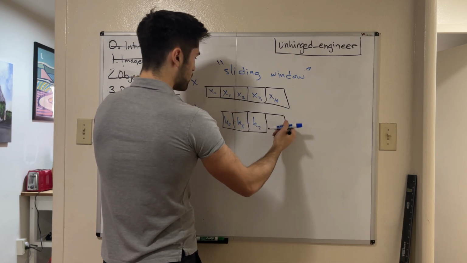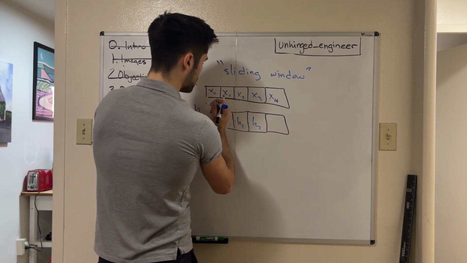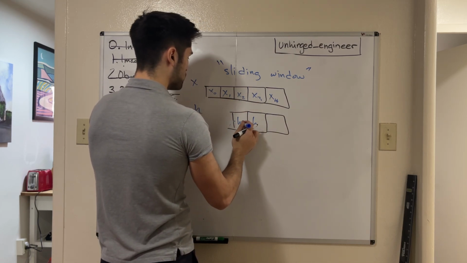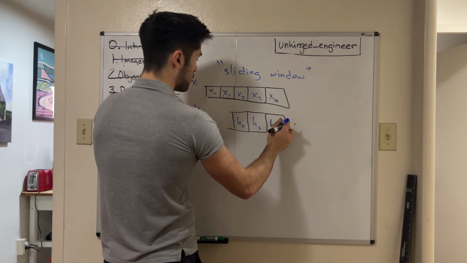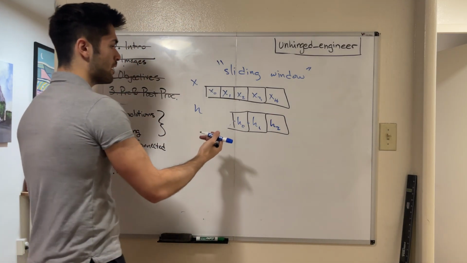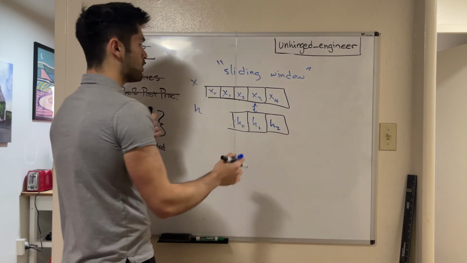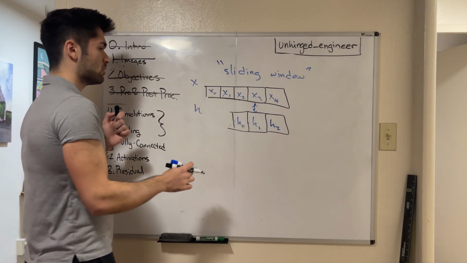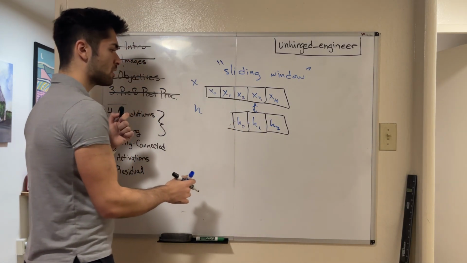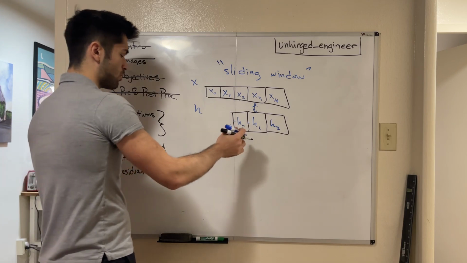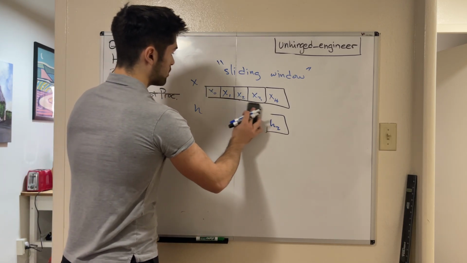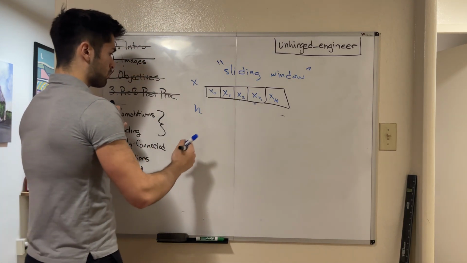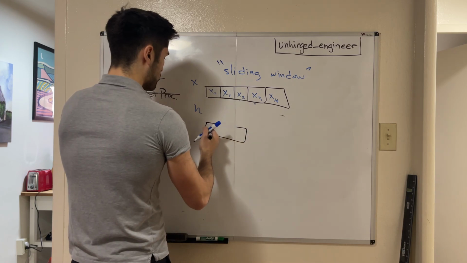Now we shift it over, get rid of this, and then move the indices: x0, h0, h1, h2, okay? Now we're centered here, and at this point we hit the edge of the image and we're done, right? So for a convolution, the operation we're doing at each stride is just a dot product, right? So we've got a three-dimensional vector here. Whoops.